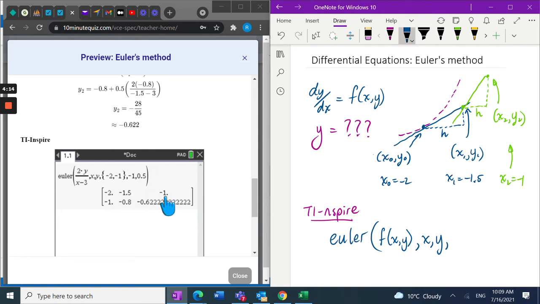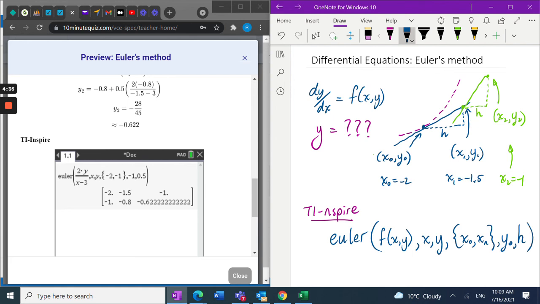In this case, we were trying to find y when x was -1. So curly brackets, whatever your x0 value is, and whichever x value you're interested in finding. After that is y0, and finally the step size h.